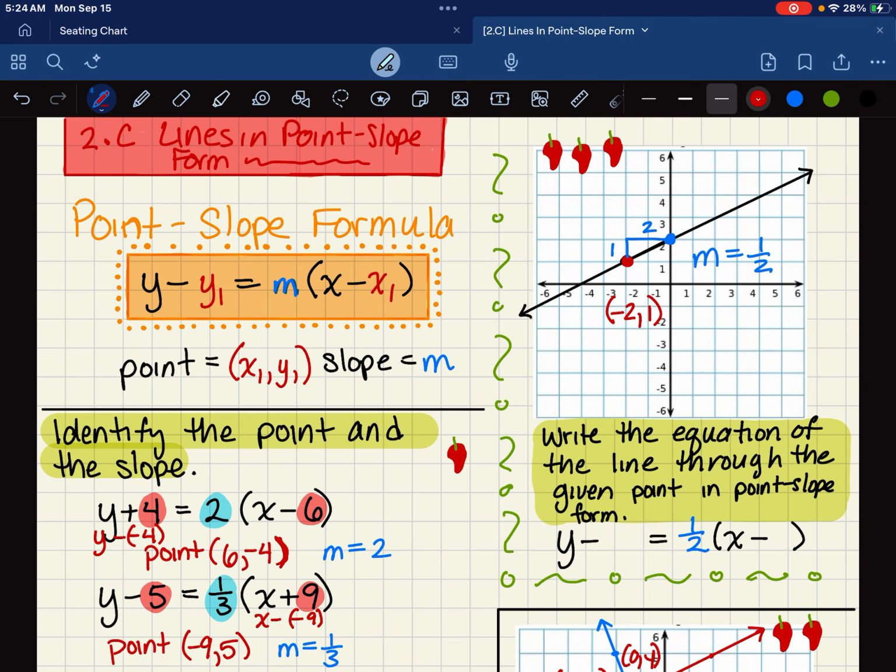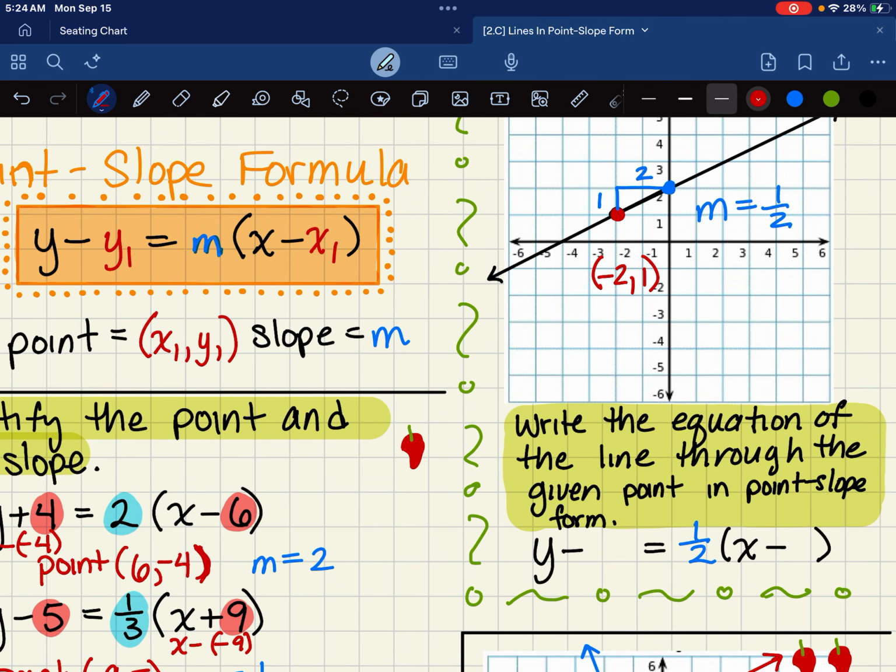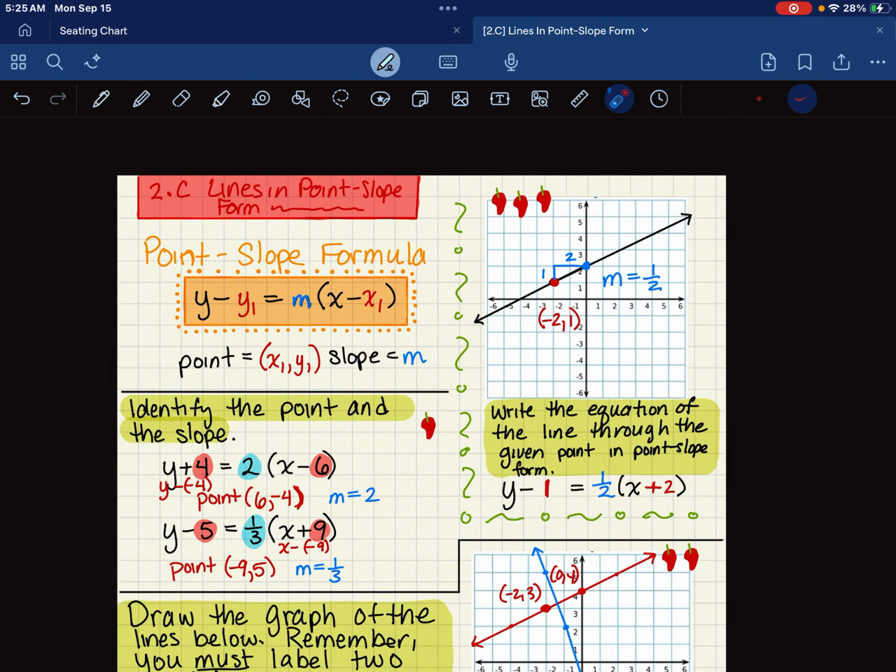So when I put it into the equation, subtracting -2 is the same as adding 2. And then the y value on my point is a 1, so in the y space I put the 1. And it'll stay as a -1 because in the point it was positive, here it has to be negative. So it's pretty straightforward to write out the equation.